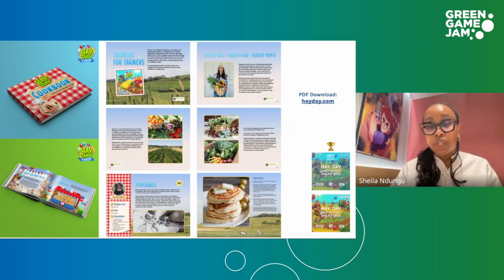Additionally, because of our activation and the cookbook, we managed to win a couple awards that year from the Green Game Jam, which is UNEP's Choice and Best in Food.